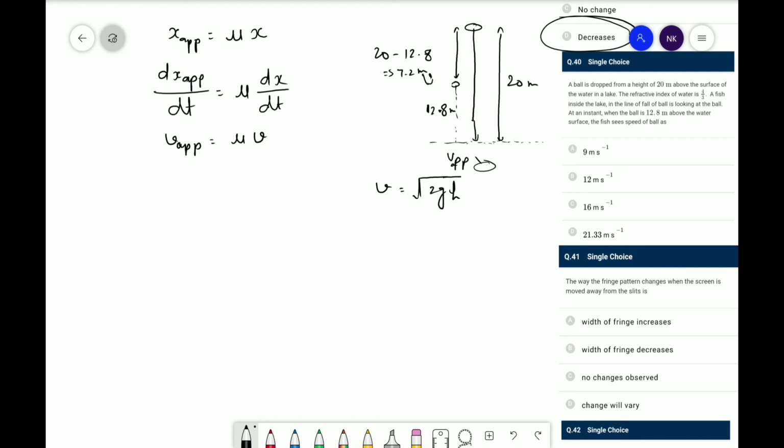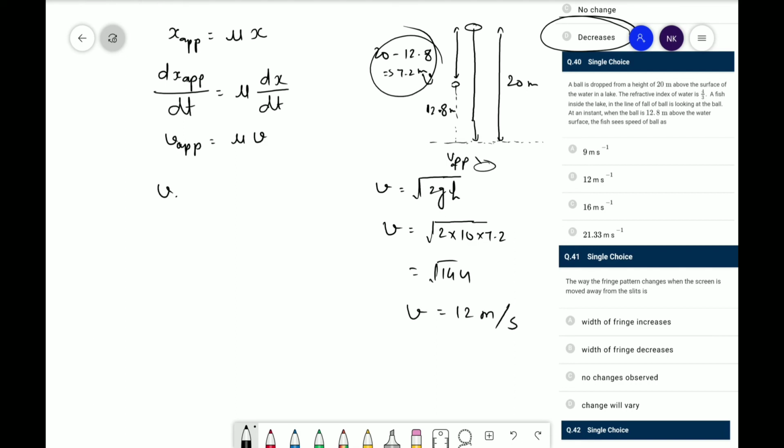Therefore v is equal to the square root of 2 times g times h. Suppose g is 10 and the height is 7.2 meters, which we already calculated. Multiplying 10 by 7.2 gives 72, multiplied by 2 is 144, hence v is equal to 12 meters per second.